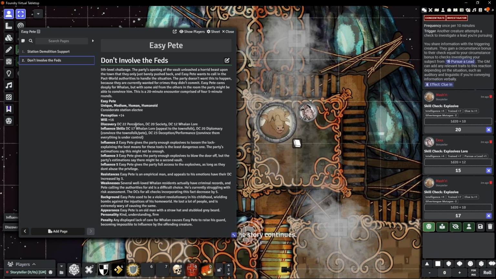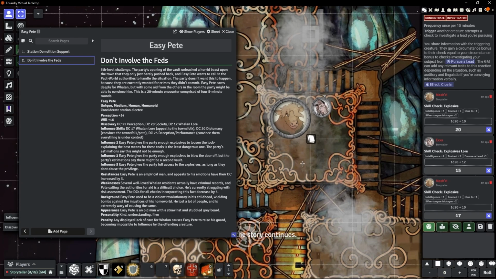The party has access to discovery with perception, society, or Wayland lore, and they can influence him with Wayland lore, diplomacy, deception, or performance. And then they have thresholds at 2, 3, and 5. And they have no other information at this point.